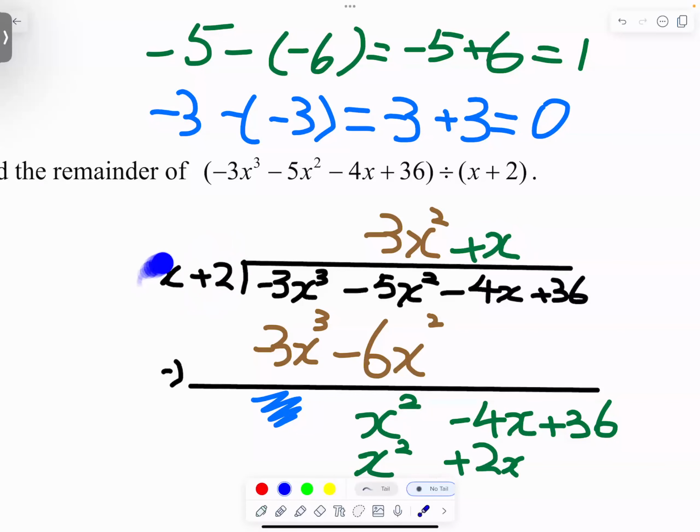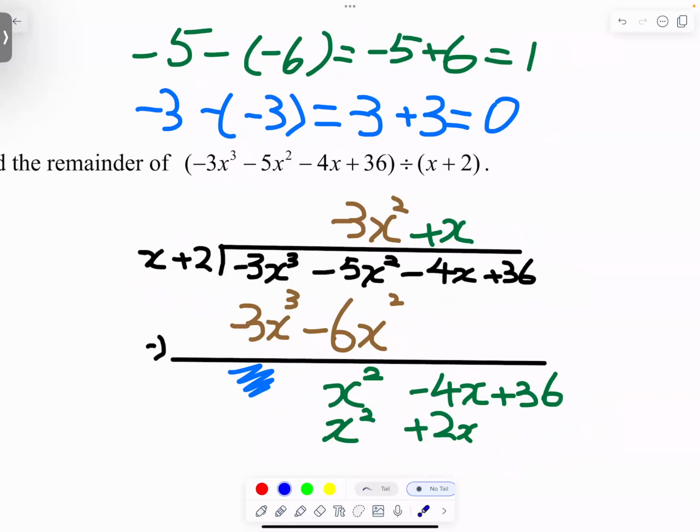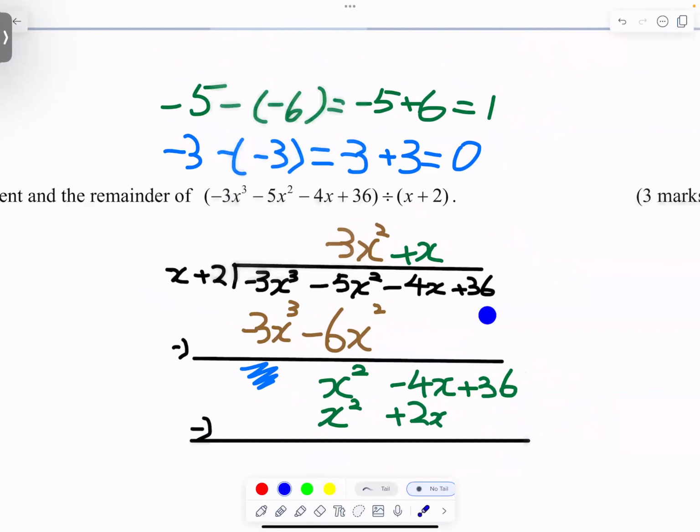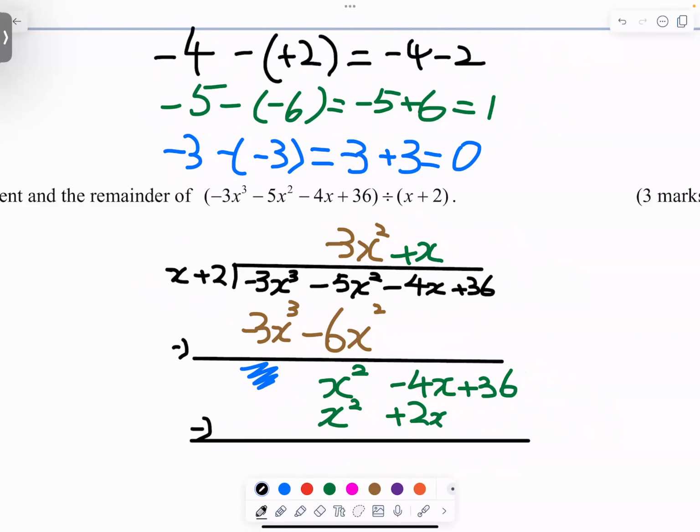And after both of the things there are done, you need to draw a line with a hidden minus. So x squared minus x squared, nothing left. This one, negative 4x minus positive 2, you get negative 6x.